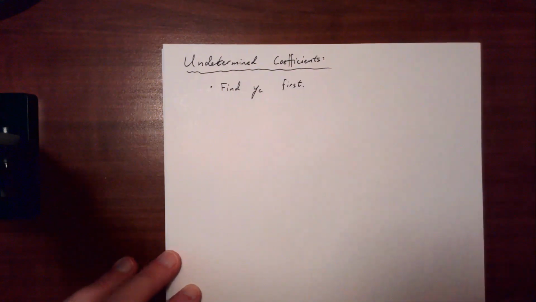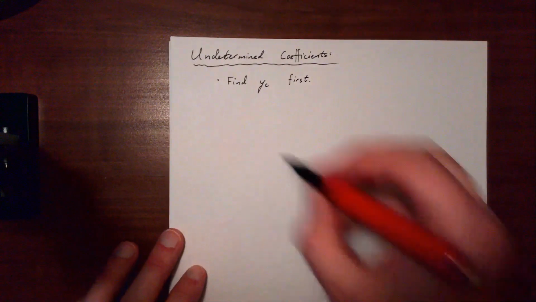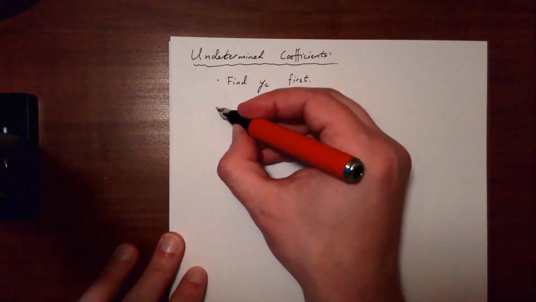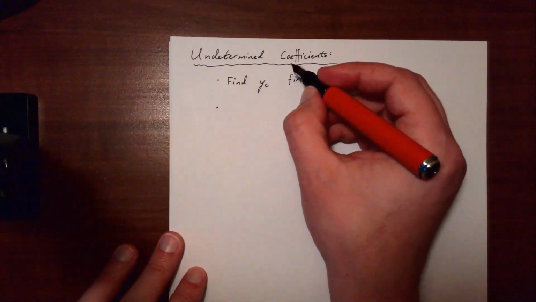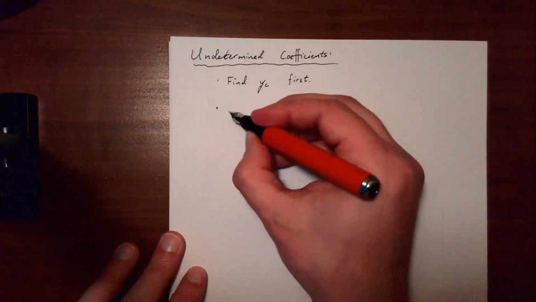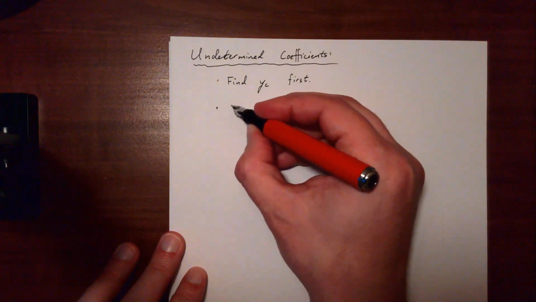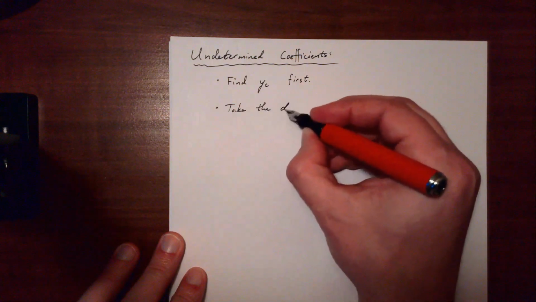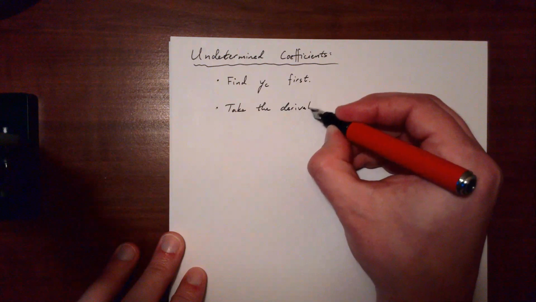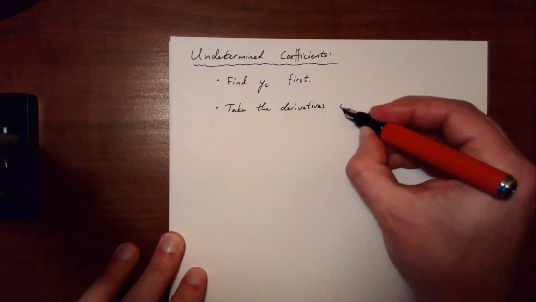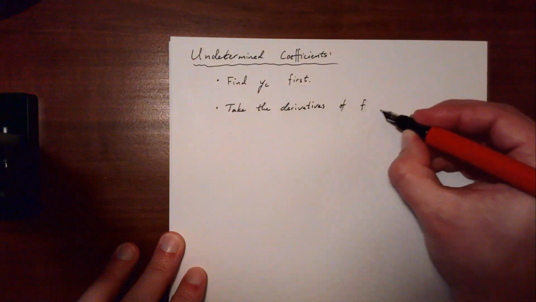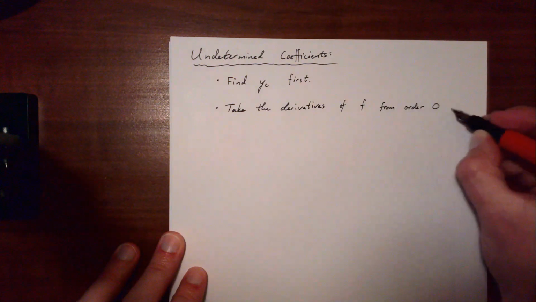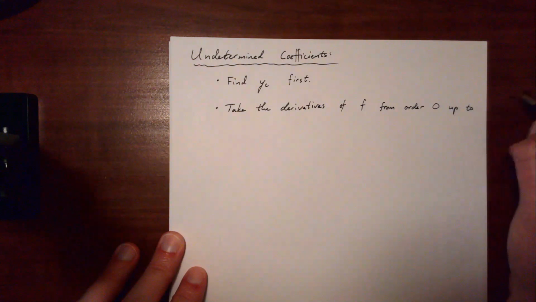If you can find the complementary solution first, then do so. Then step 2: look at f and consider its derivatives up to the order of the differential equation. So take the derivatives of f from order 0 up to n.